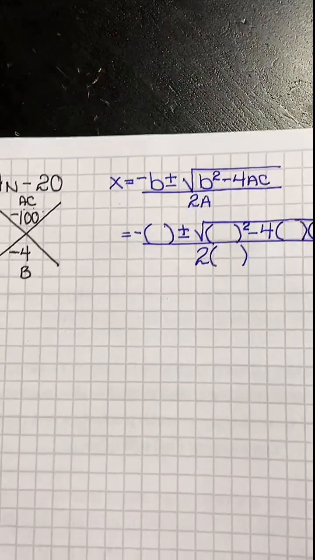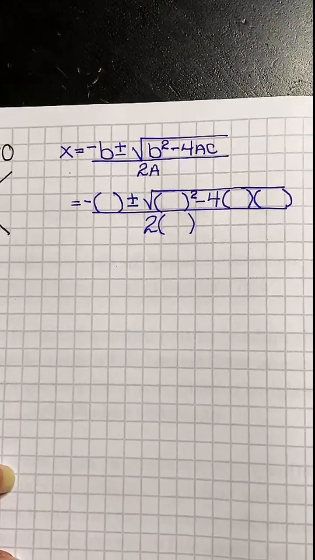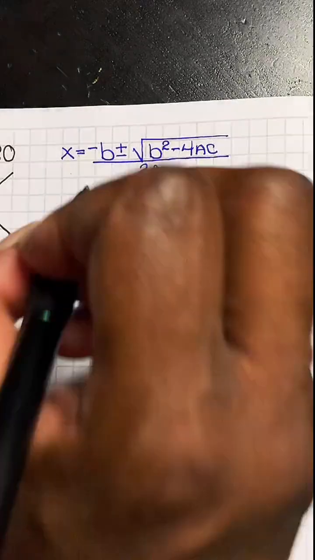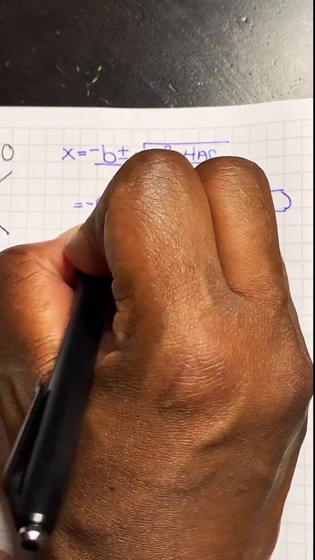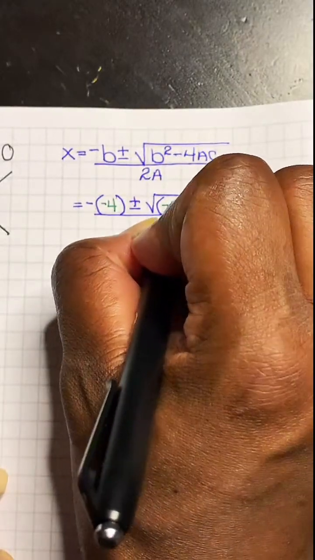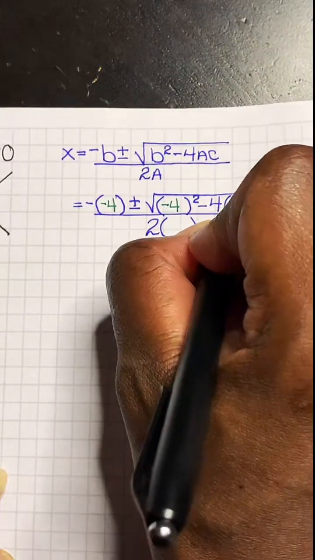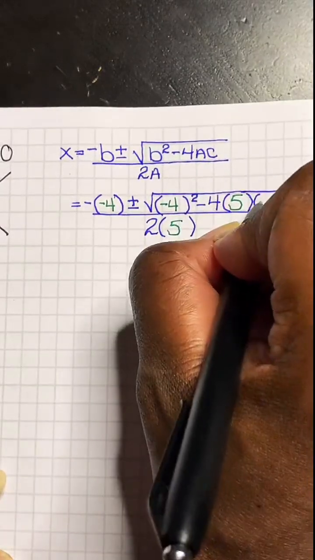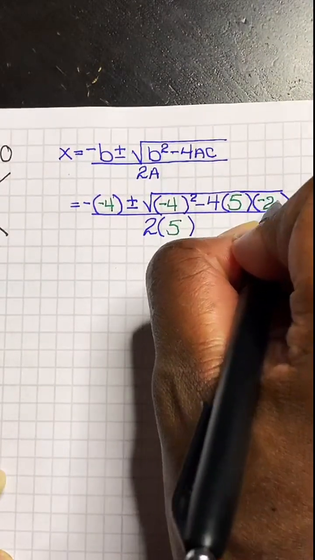Okay. So we're just filling in the spots. So our B was a -4. So we got -4 in these spots. Our A was a 5. It goes in these two spots. And our C was a -20.